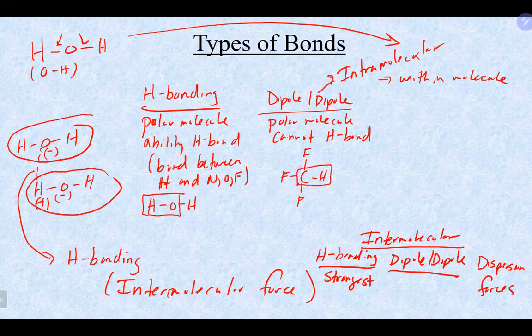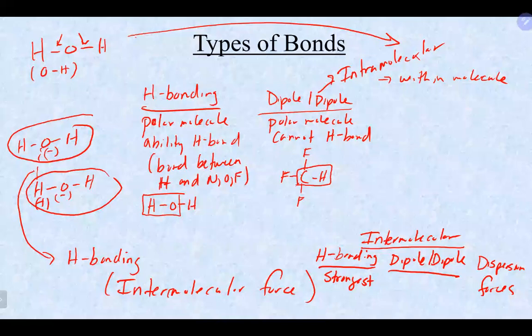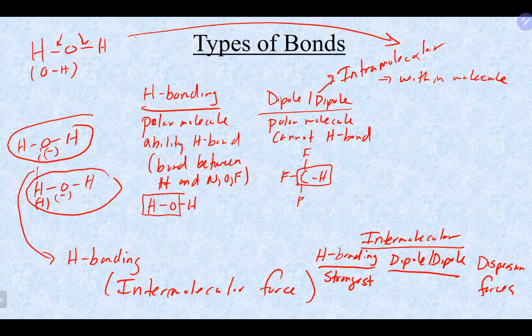And there is, but that hydrogen is attached to a carbon, and the carbon-hydrogen bond is nonpolar. So these are molecules that have hydrogen, but they cannot really do hydrogen bonding. And dipole-dipole is the main force for polar molecules that cannot hydrogen bond, and it still is a relatively strong force.